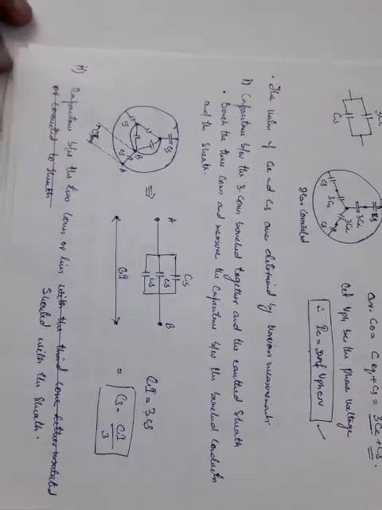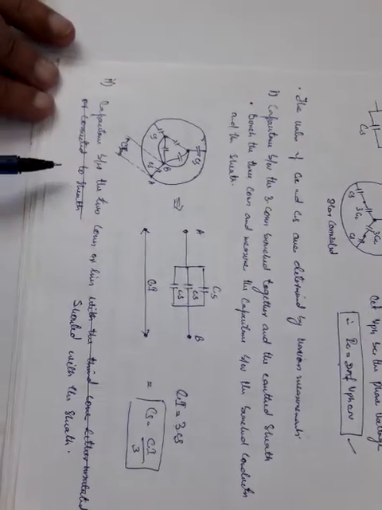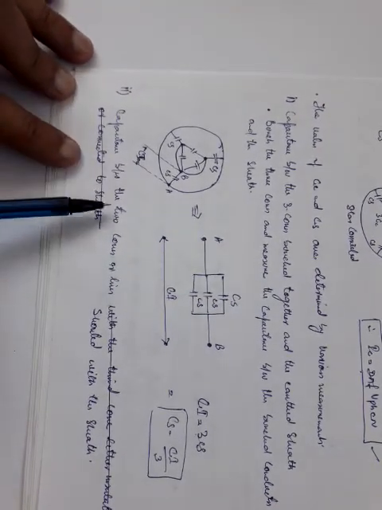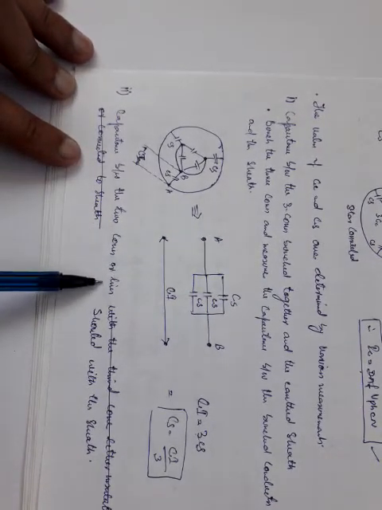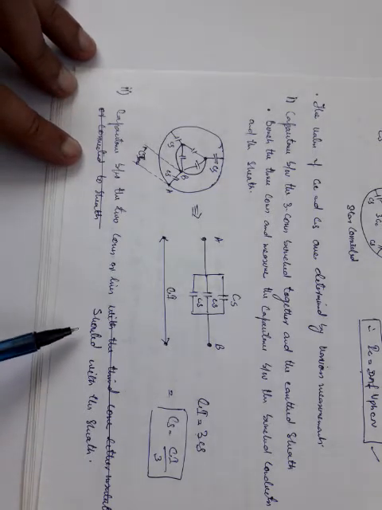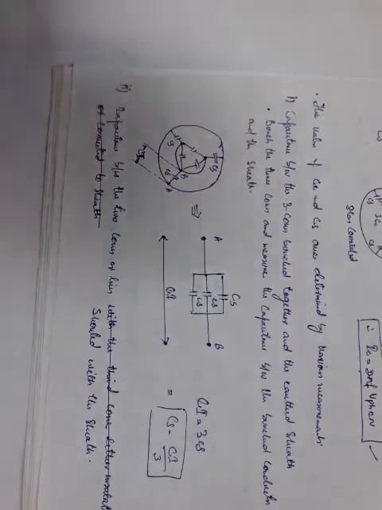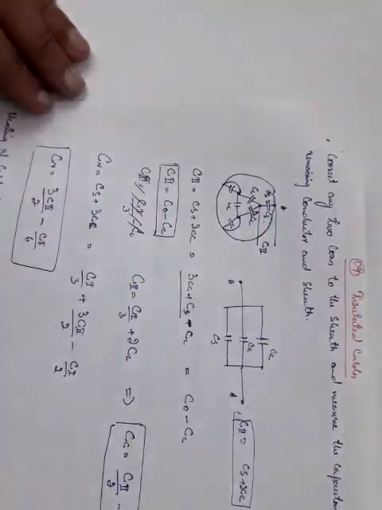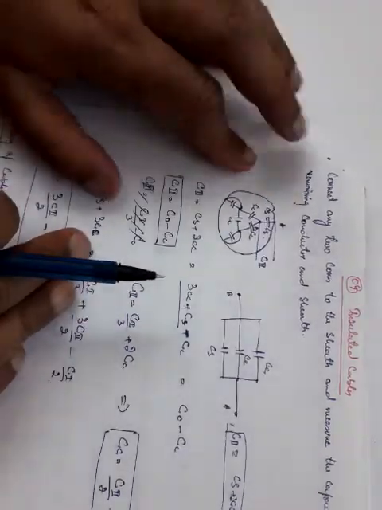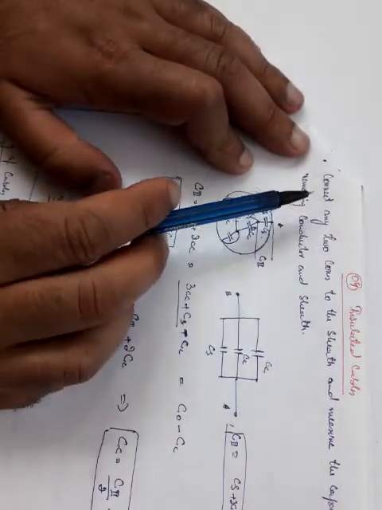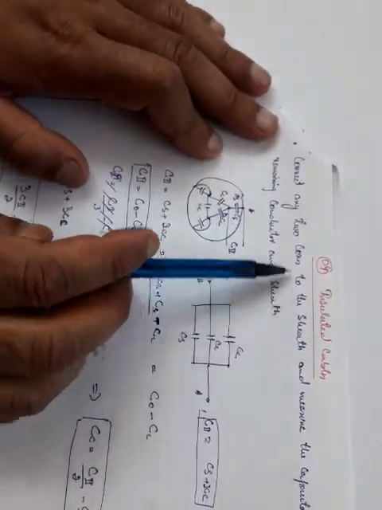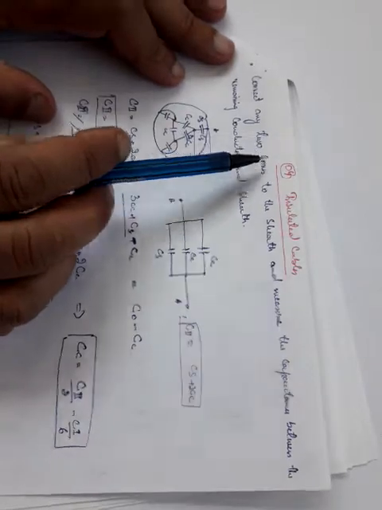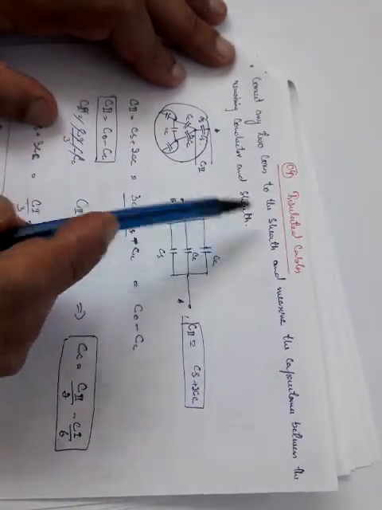Next, we measure the capacitance between two cores shorted with the sheath. What does this mean? You see it here. First we connect any two cores to the sheath like this.